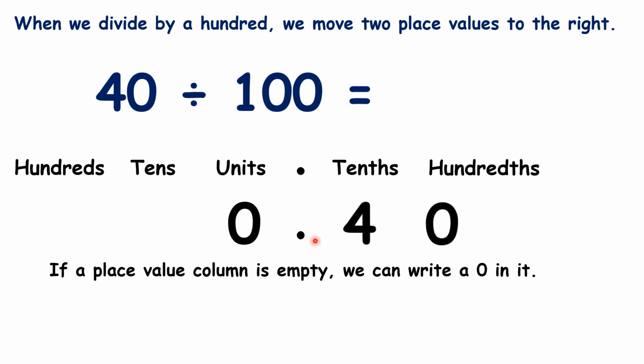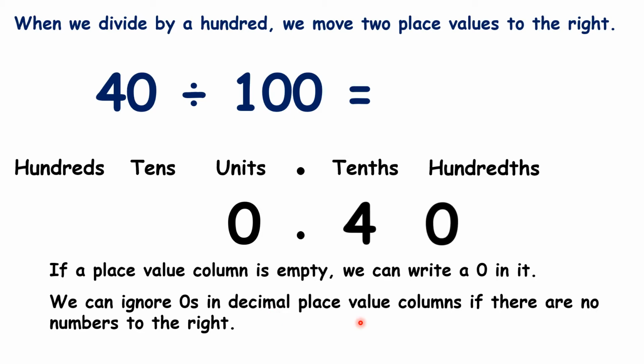So we have 0.40, but we can ignore zeros in decimal place value columns if there are no digits to the right. So 40 divided by 100 is 0.4, because 0.4 already tells us that we only have 4 tenths, not any hundredths. So we don't need to write the 0 after the 4.